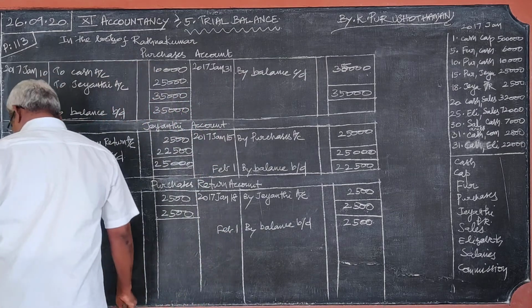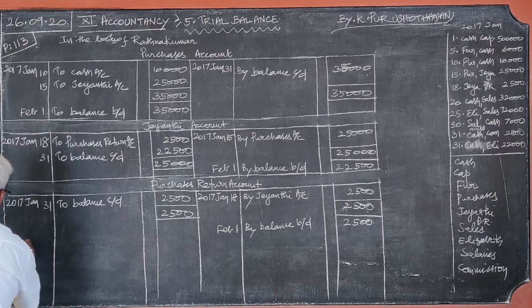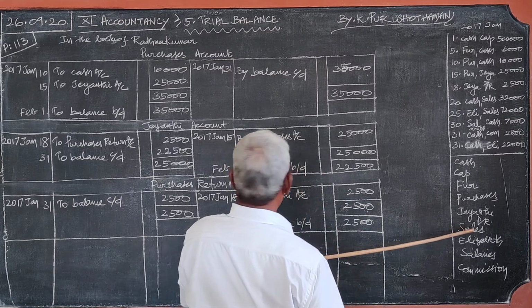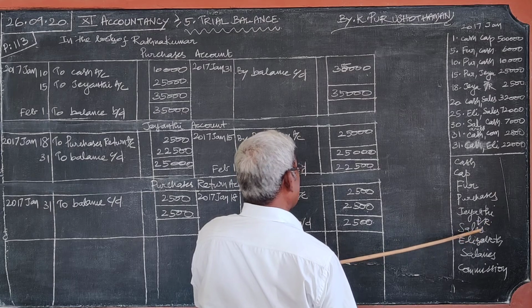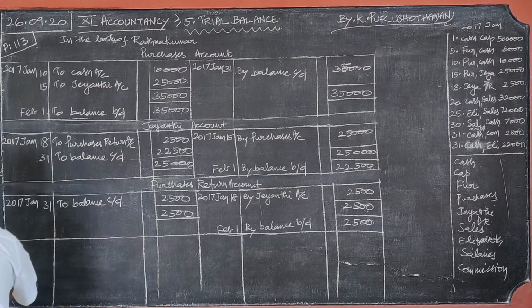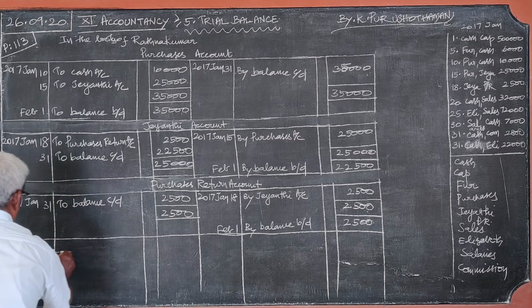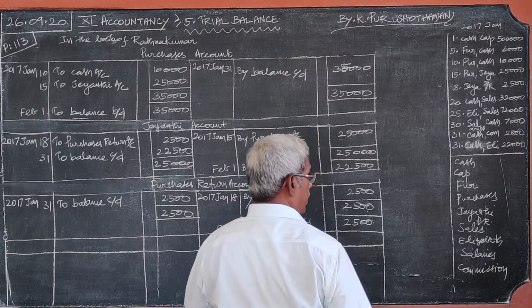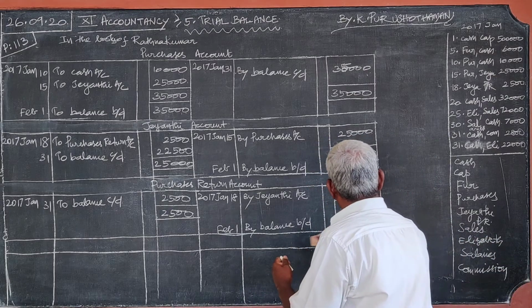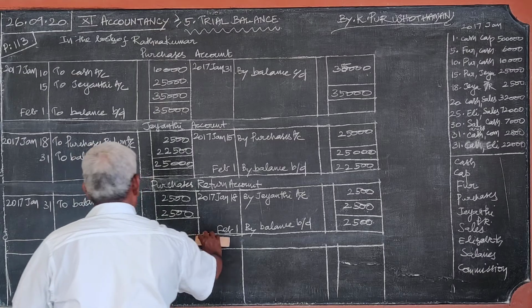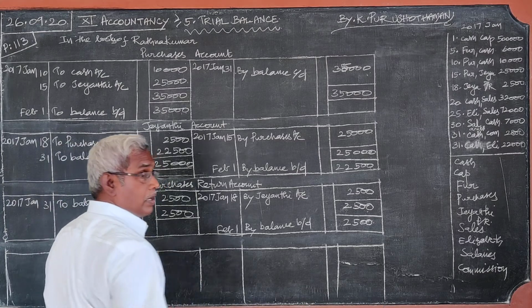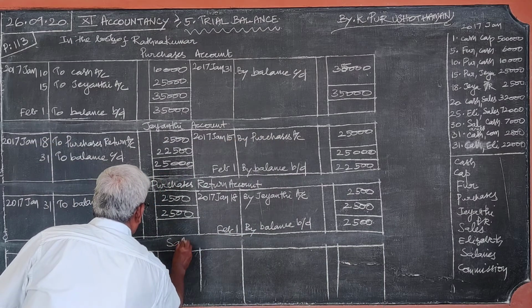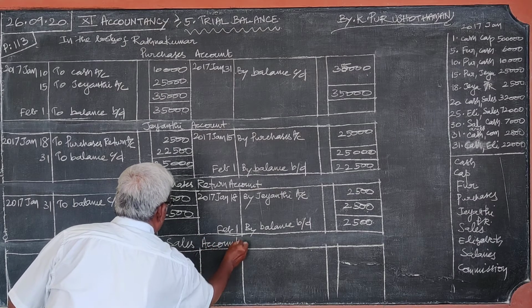The next ledger account is, after purchases return, the sales account.